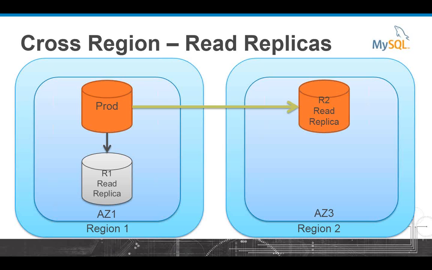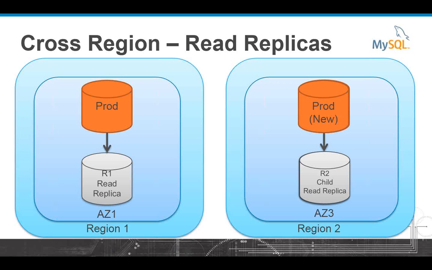So you can create a read replica of your master instance in US West region, as I just described, and the migration or the data syncing that happens between these regions through read replicas happens through a secure channel. And you can actually go ahead and create replicas of your read replica in a different region as well.